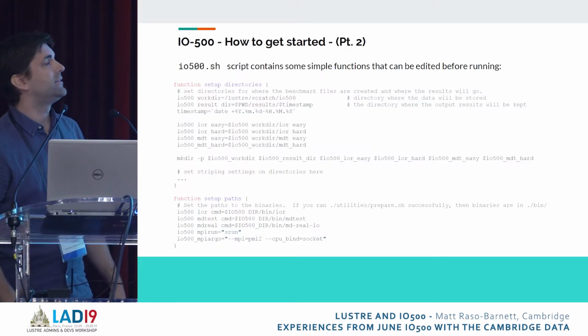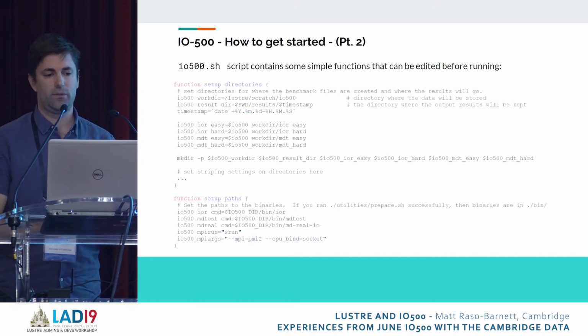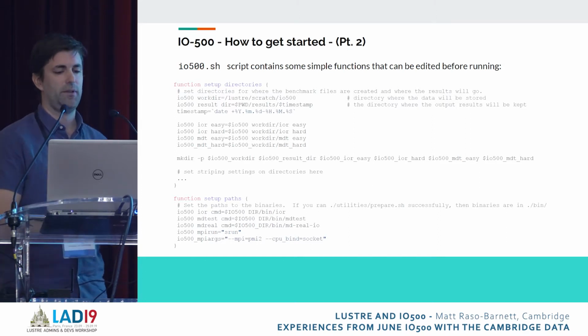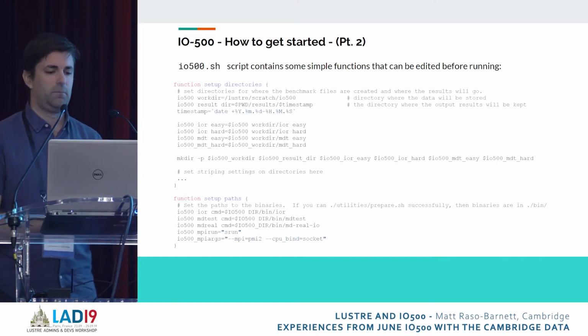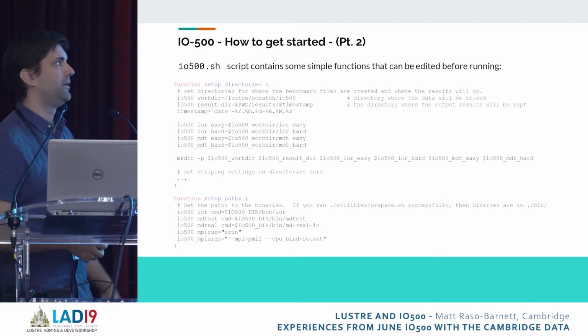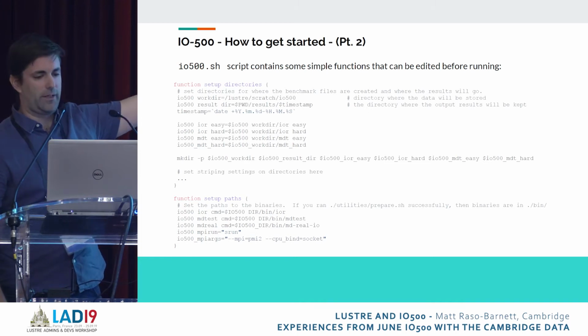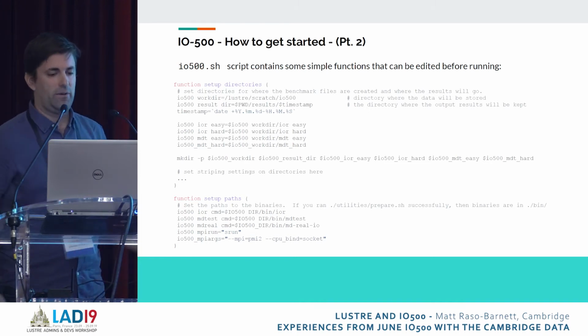So this is an example of some of the functions inside the script. One of the main ones that you're allowed to modify and work with is this setup directories script. So this is where, by the rules, you're allowed to set up the directories for the tests at the top level. I would recommend you split out each of the tests.